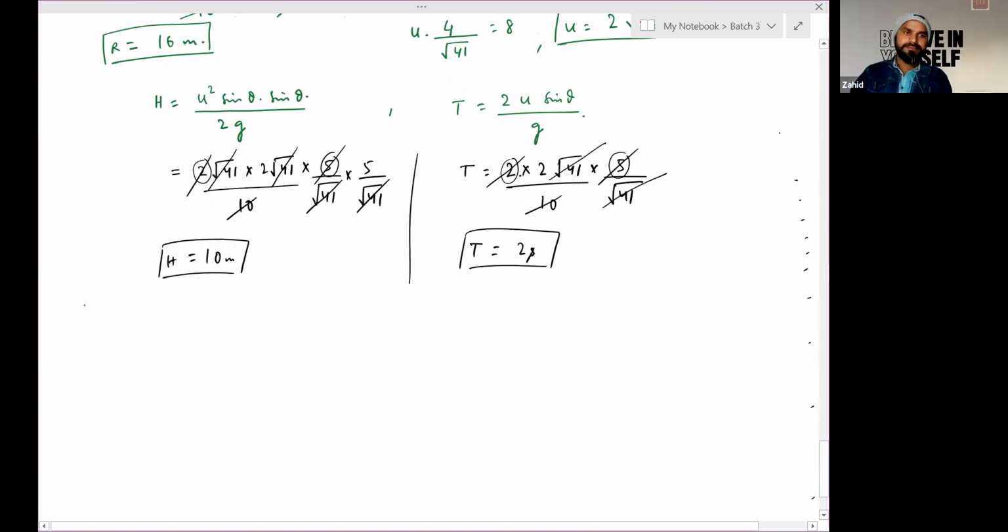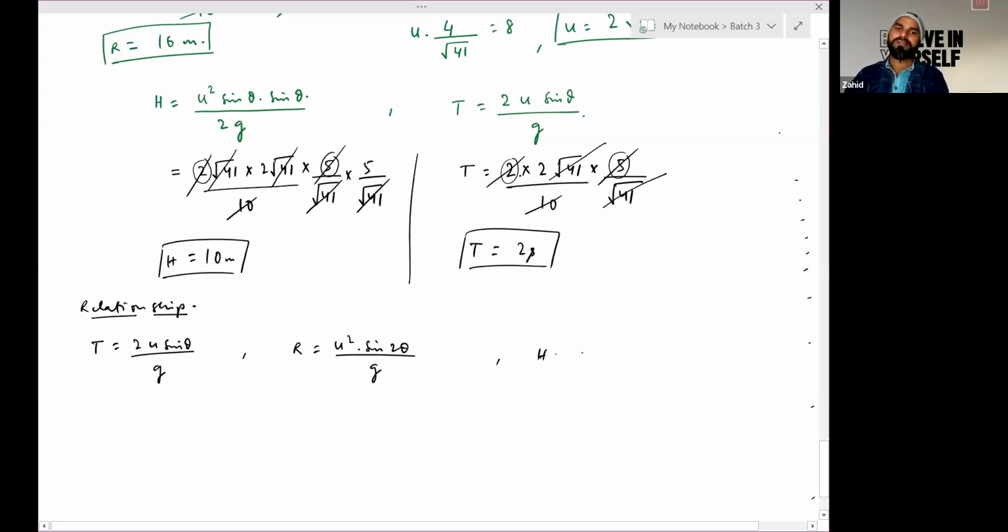So next is the relationship between these terms. To define the relationship: time of flight is 2 times u sine theta divided by gravity. Range is equal to u square sine 2 theta divided by gravity.